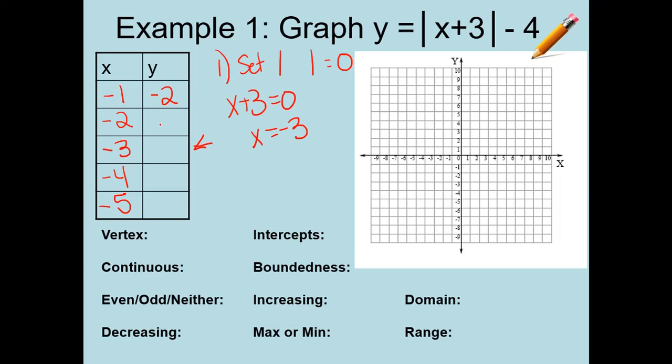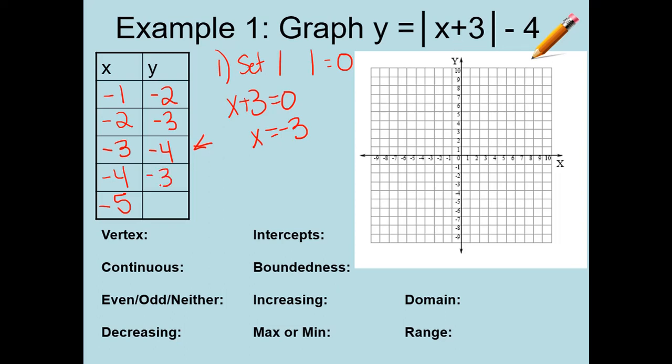Minus 4, -3. -3 plus 3, 0. Absolute value of 0, 0. Minus 4, -4. Nearly there, right? -4 plus 3, that is -1. Absolute value of -1 is a +1.